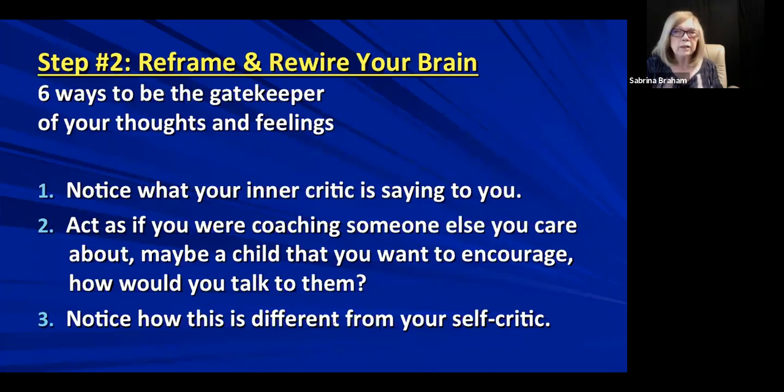Whatever that limiting belief is, write it down so that you can work on it later. And then you can act as if you're coaching someone else you care about, a child or somebody else. And what would you say to them? Or what would Sabrina say to you? What would be a positive thing she might say to you? And notice how different that thing that they say is from your self-critic.